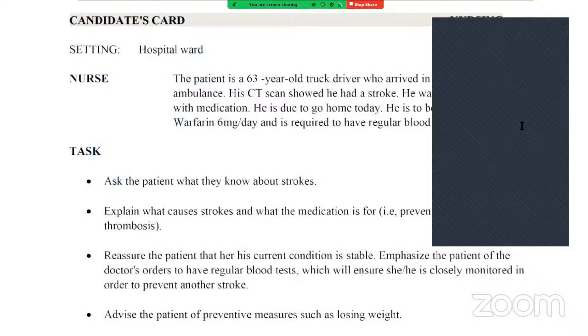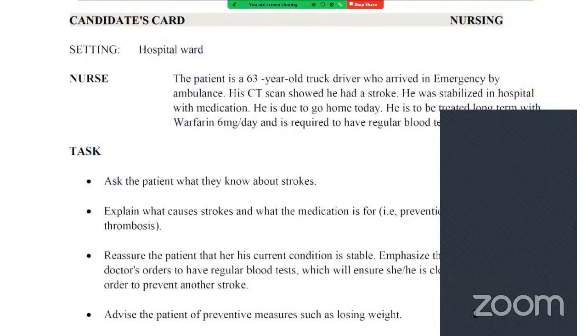Now, with whom are you talking? Who are you talking to? Are you talking to the patient? Or are you talking to the patient's mother or father or caretaker?